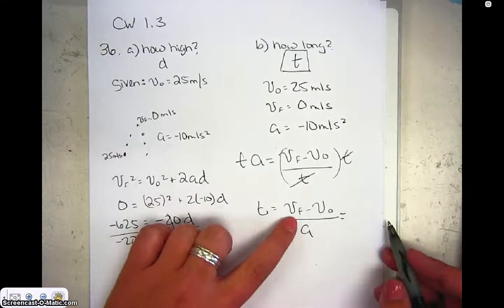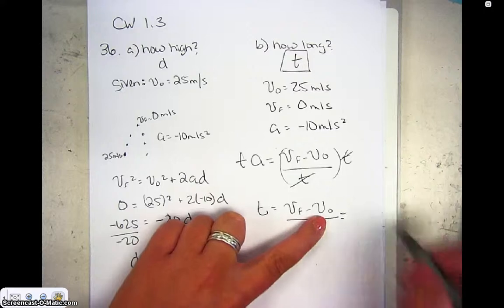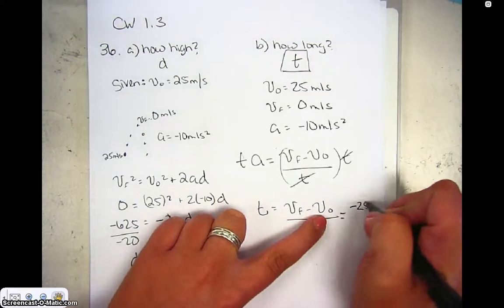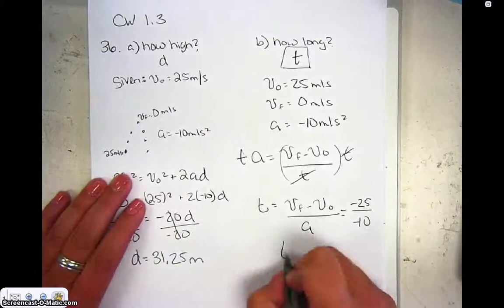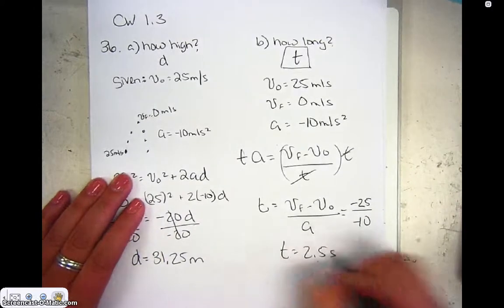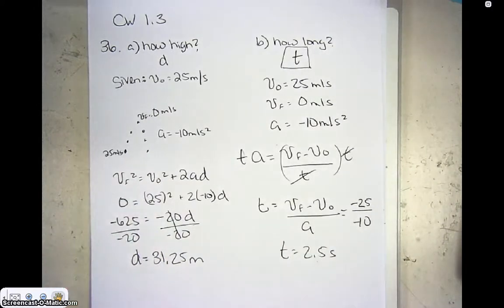We get 0 minus 25, so negative 25 over acceleration, which is negative 10. T equals 2.5 seconds. That's really important to recognize.